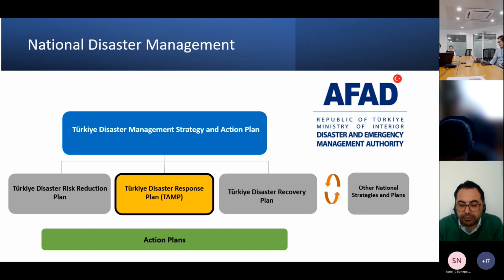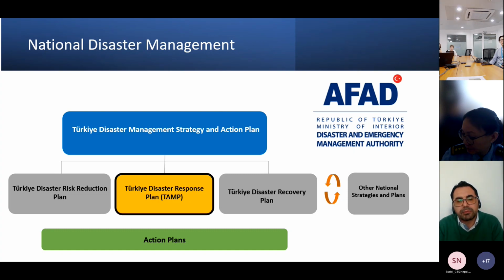It plans and coordinates the post-disaster response and promotes cooperation among various government agencies. Up to now, AFAD has prepared disaster risk reduction plans, disaster response plans, and disaster recovery plans for Turkey, and also identified some action plans in the context of these plans.